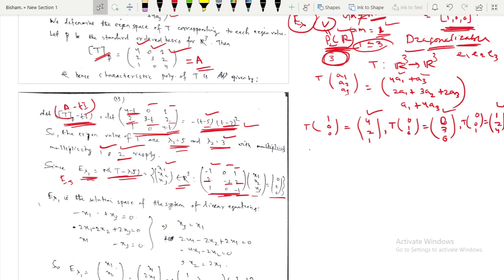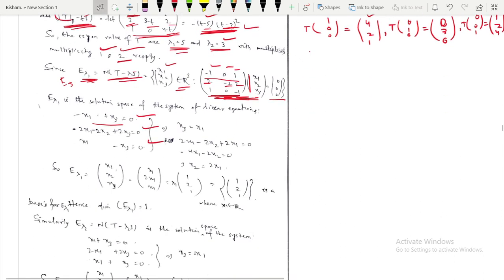Now we find the values of x1, x2, x3 by multiplying. Minus x1 plus x3 equals 0 is the corresponding equation. So we get x3 equal to x1, and from the other equation we get x2 equal to 2x1.